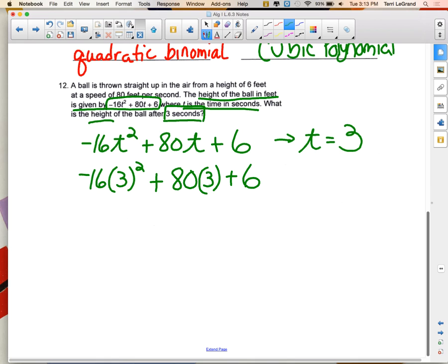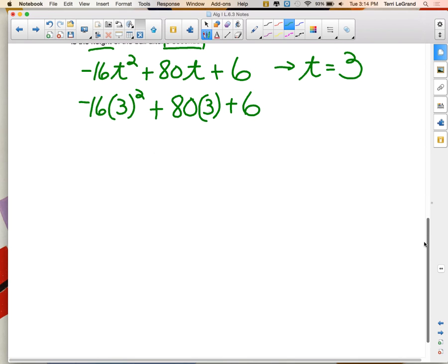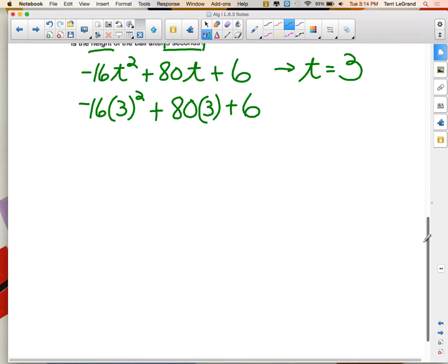Some of us still think we can make up our own order of operations. We take negative 16 times 3 first, or do we square 3 first? Square. We square 3 first, okay? So the negative 16 is going to get multiplied by 9, right? What's 80 times 3? 240. 6 is 6. Can't do much with that.